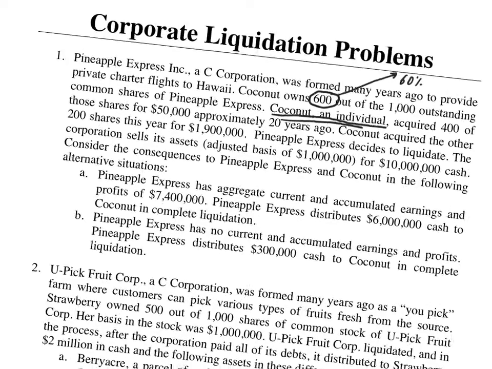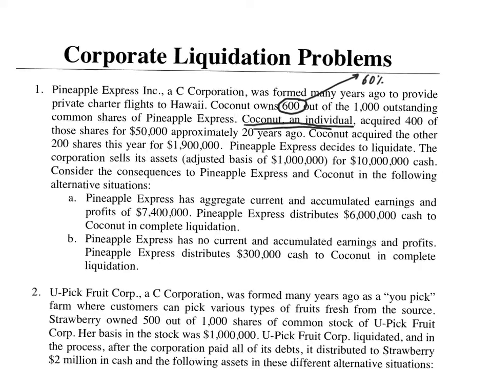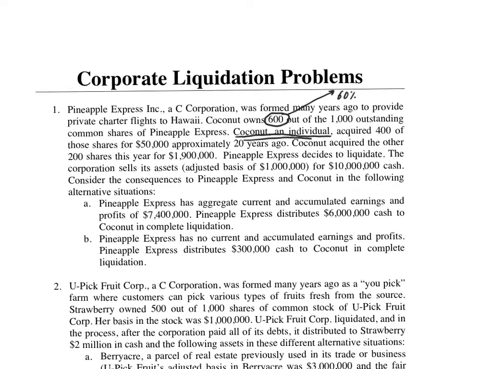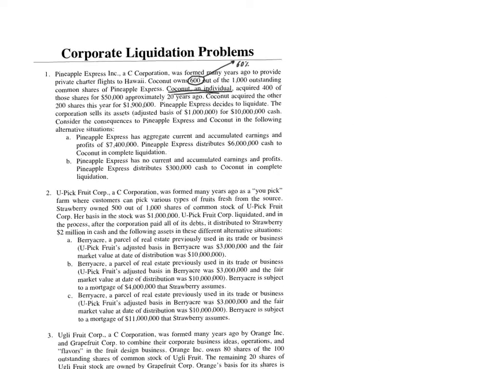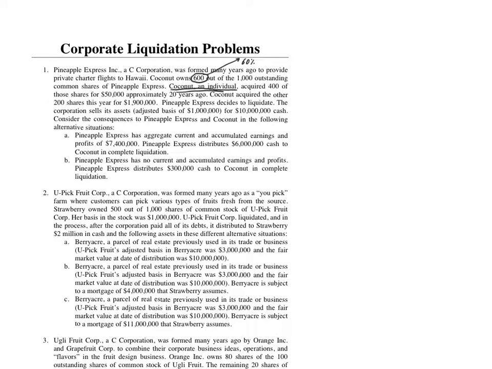So here's the issue in this problem, okay? Let's start with the consequences to the corporation today. I'll set up the problem for the shareholder next class and we'll finish it.